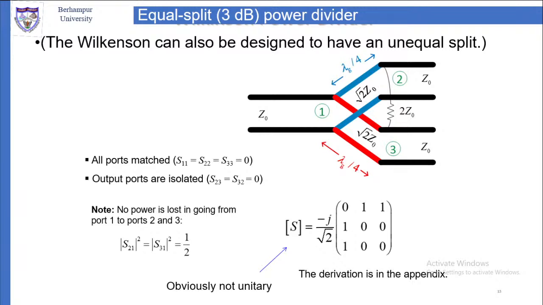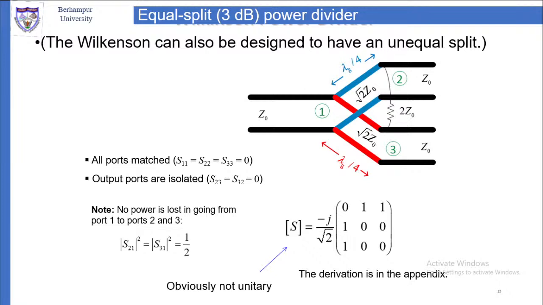Between transmission line 2 and transmission line 3 there is a lumped resistor of resistance 2 Z0. If you have such a power divider, then the power is equally split between port 2 and port 3, or you will get equal powers at port 2 and port 3.